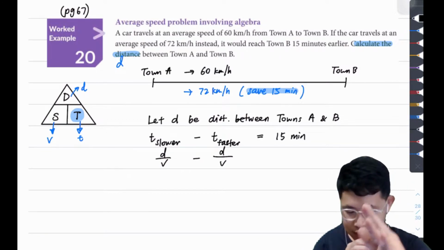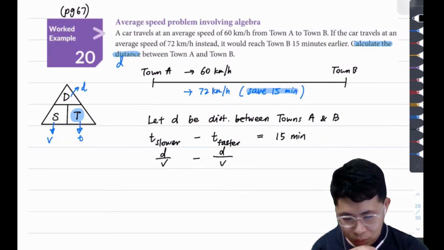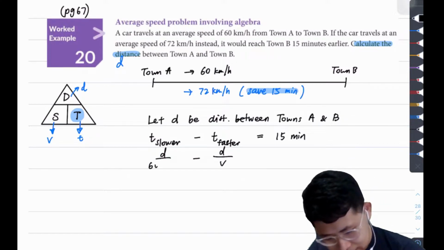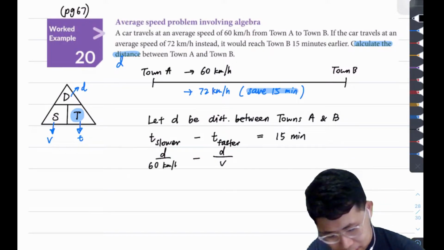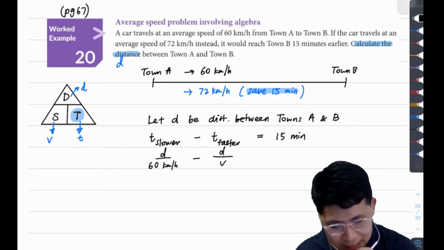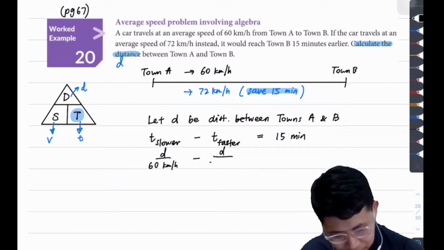The slower speed is 60 kilometers per hour, and the faster speed is 72 kilometers per hour.